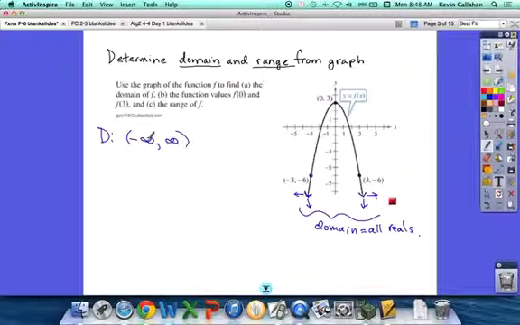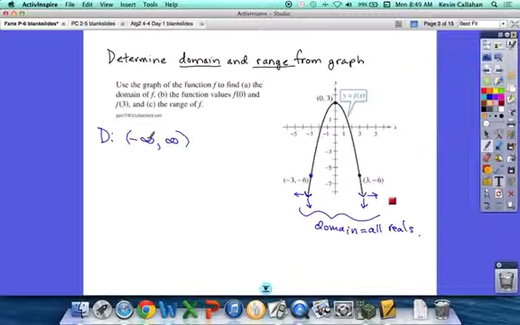Does the range look like it goes forever? The range are the y values, right? Does it look like it goes forever up and forever down? No, it doesn't, right? Where is it limited? It looks like it's going up only this high, and then it goes back down again. It does go forever down. I mean, those arrows are going down. So how could we describe the interval where you have y values?